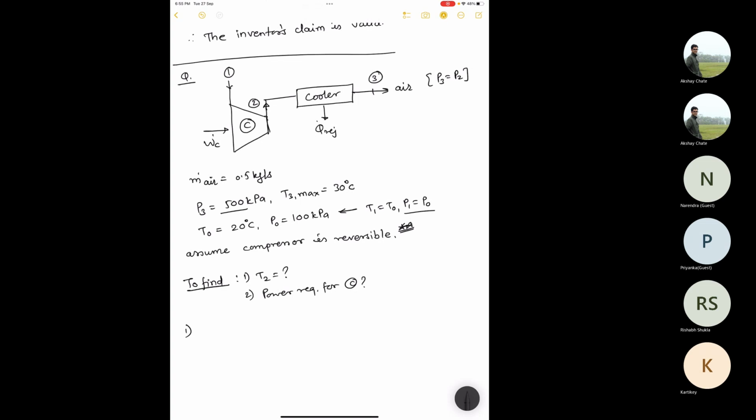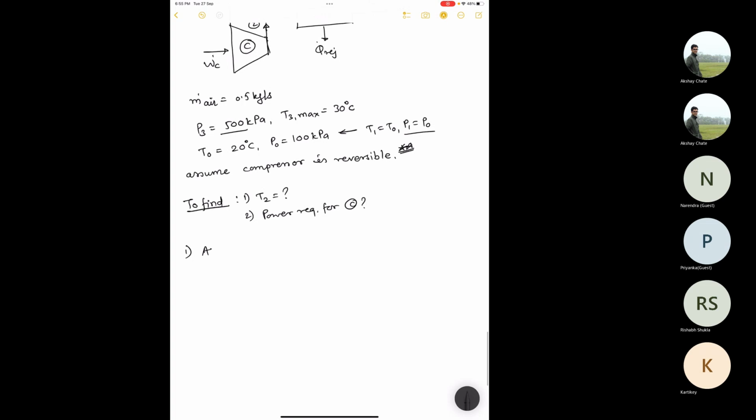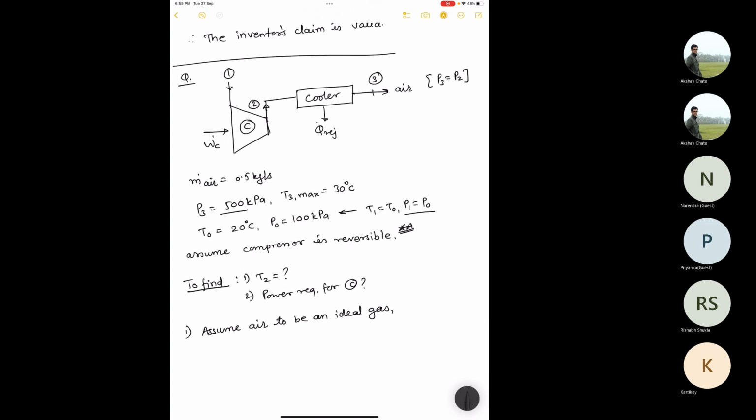So here you can assume air to be an ideal gas, and it is mentioned that the compressor is reversible. And there is no mention of heat loss either.